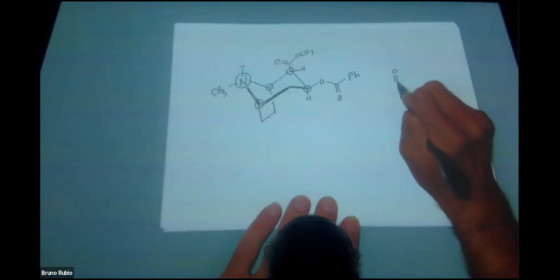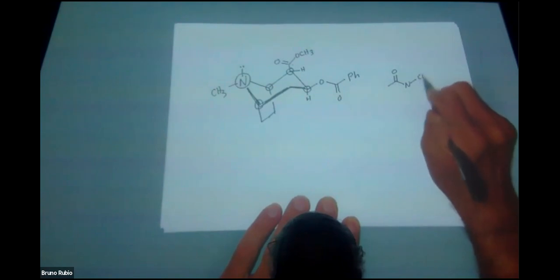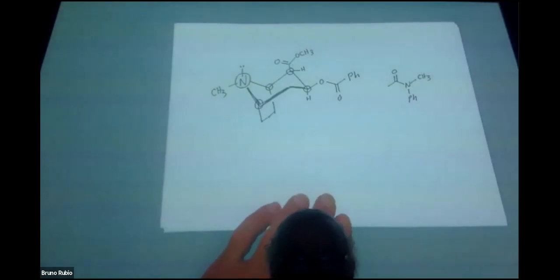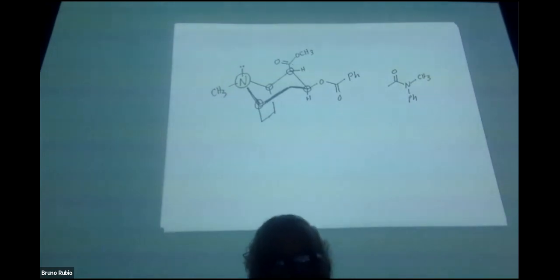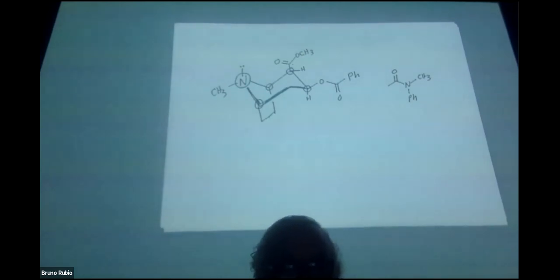Okay, so let me give you another problem here. How many chirality centers in this molecule? Tell me in the chat. How many chirality centers? Most popular wrong answer, 1.